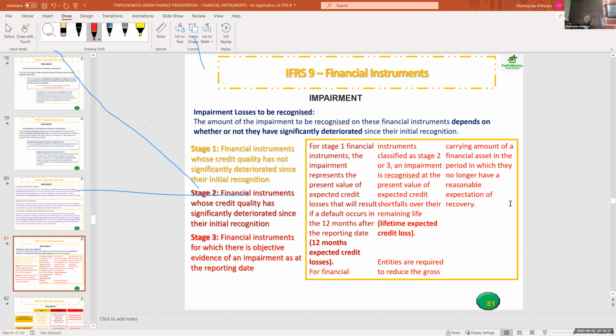For example, many financial assets that you owned as an entity before COVID, by this COVID, most of them will have been classified as stage 2. Because even if that person was strong before, the COVID pandemic has already eroded their business.